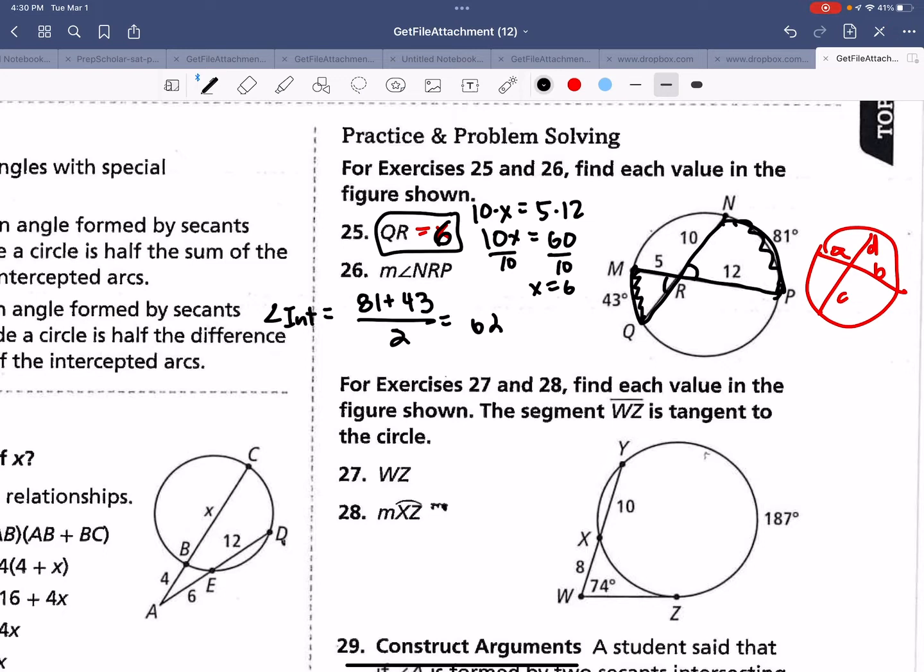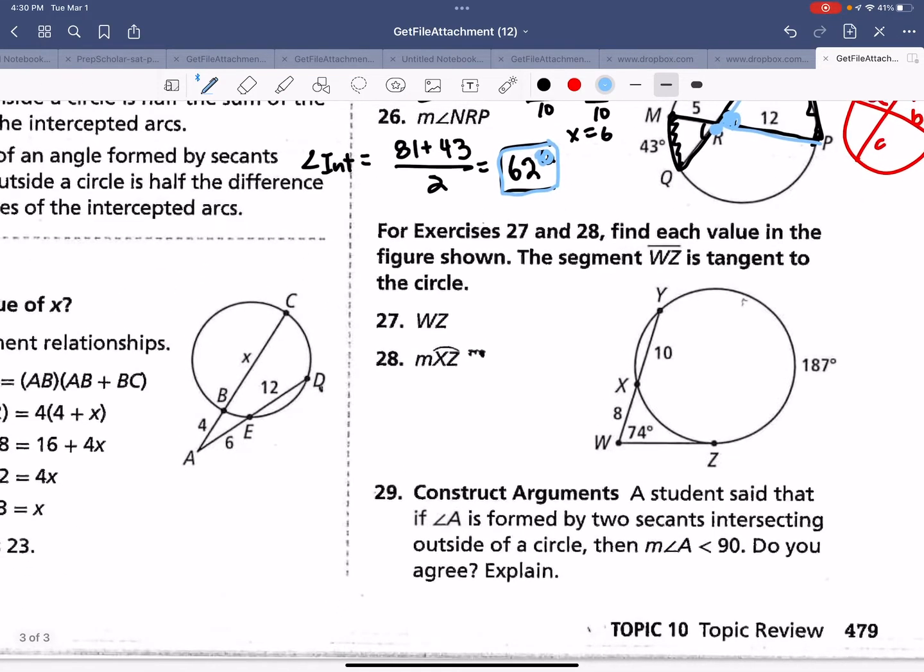And I get 62. Now let's just make sure that's what they wanted. So they wanted the angle NRP. Yes, so we solved for that, 62 degrees. Beautiful. Okay, 3 more questions and we're done.